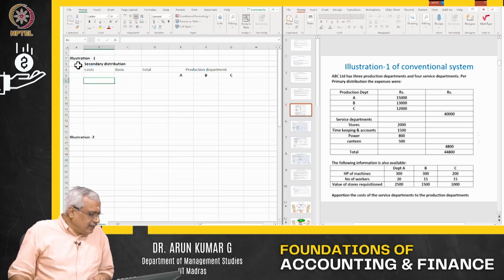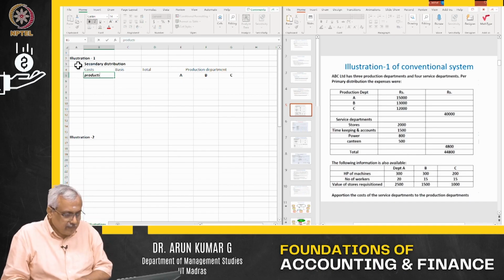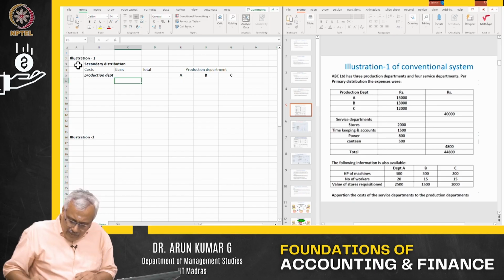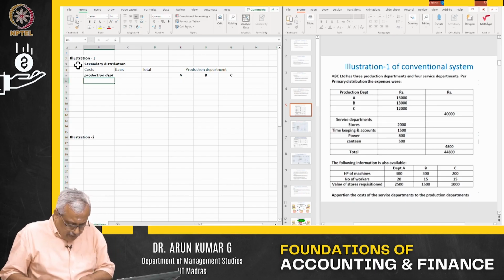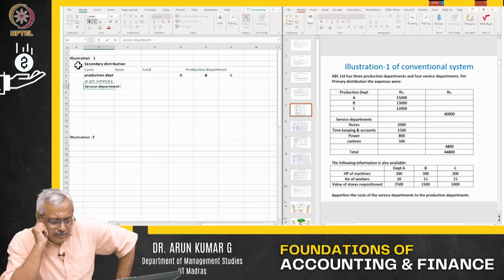Now, let us look at the production department in this particular case. As per summary, let us look at the service department. What is a service department?